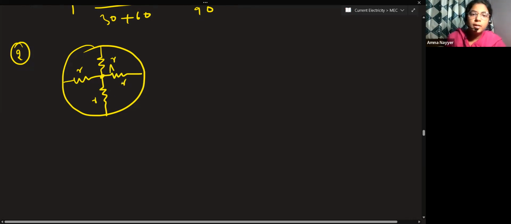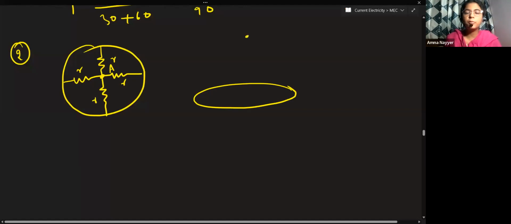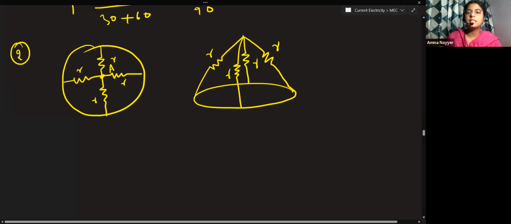This is one point, point A. If I pull it from A in this way, it will look like this. This will be the point A. This will be 1R, second resistor, third resistor, and the fourth resistor. This is point A. So can you see all four are actually connected in parallel?